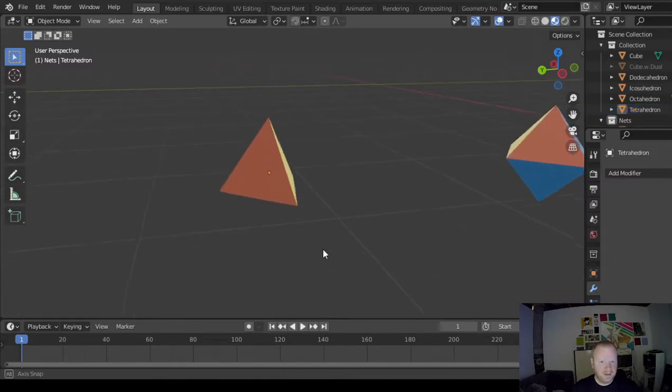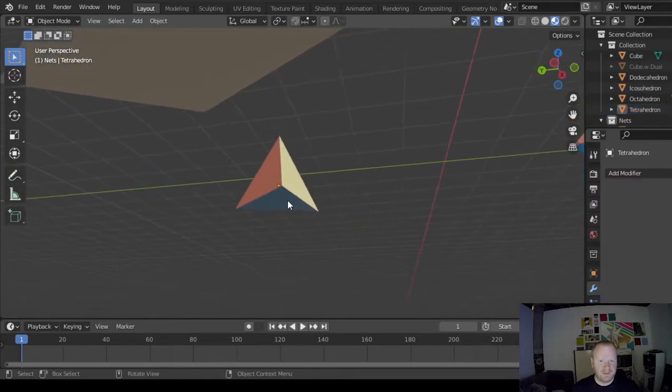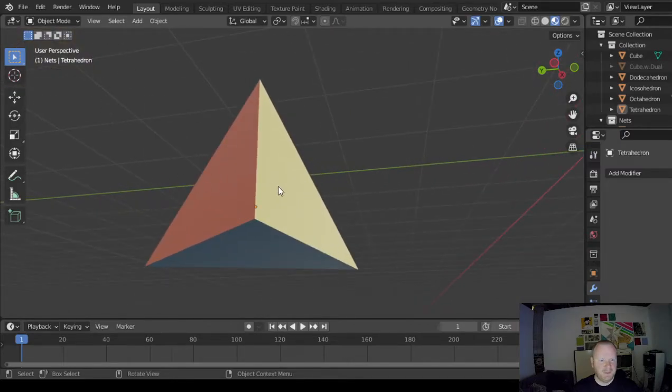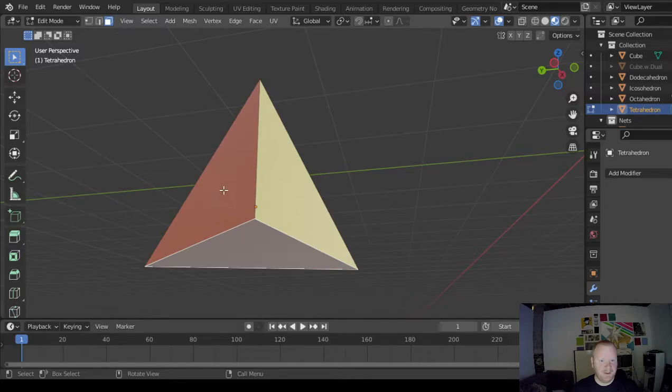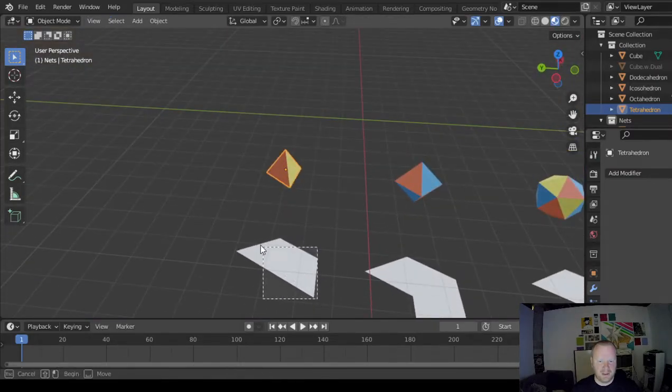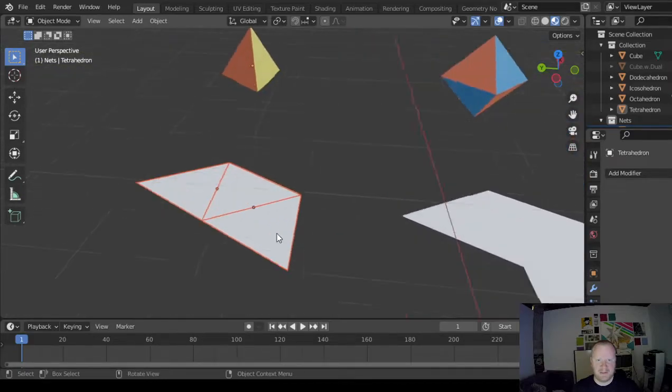So at this vertex, for example, this one here, we've got 1, 2, 3 equilateral triangles meeting at each vertex. And I've demonstrated that over here with this net, if I flatten that out.